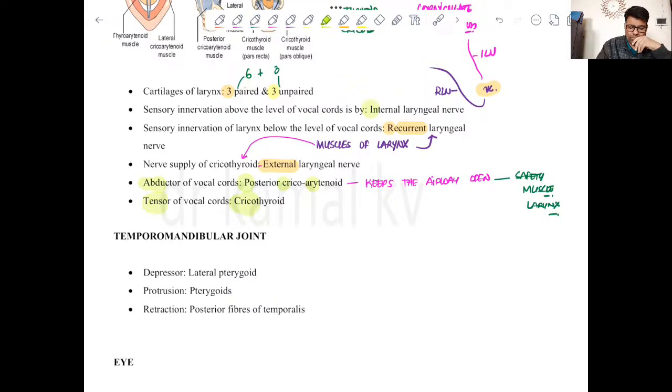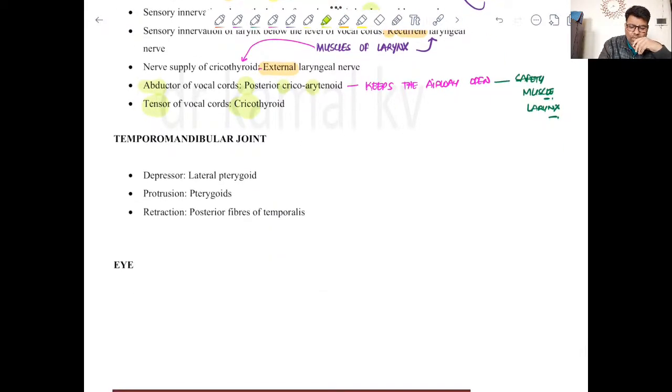Now moving forward to temporomandibular joint, depressor of mandible. This is actually opening of mouth, and this is brought about by lateral pterygoid assisted by gravity.